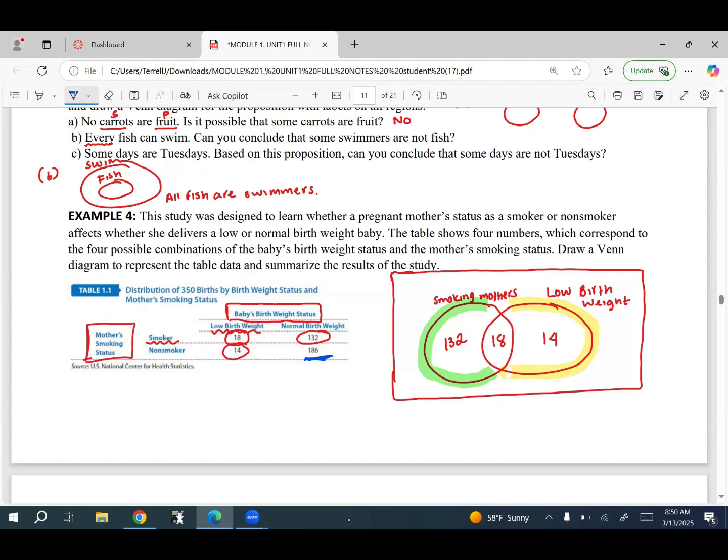So this is where my rectangle comes in. Something that is not a part of those 2 sets would go on the outside. You see, my 2 sets had to do with smoking and low birth weight, but the 186 represents non-smokers with a normal birth weight. So that would go outside in the rectangle. And that is how you represent this table in a Venn diagram.